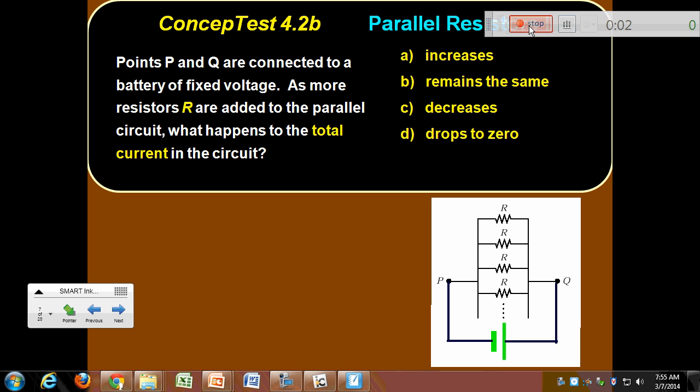As you add more resistors to the parallel circuit, what happens to the total current in the circuit? This is similar to what we had before, but here I'm asking about the total current, not the voltage on each resistor. As I add resistors in parallel, what happens to the total current? I'll stop at 45.